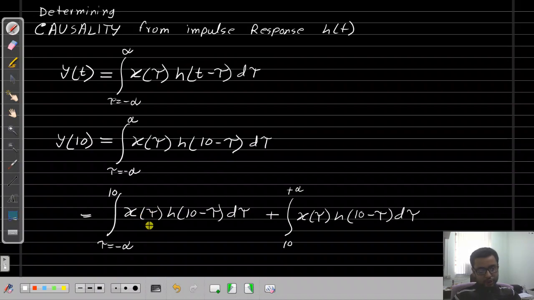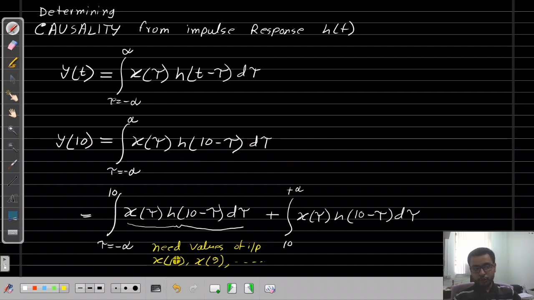That means you need the values of input x at 10, 9.5, 9.1, everything. But you do not need the value of x after t equal to 10.